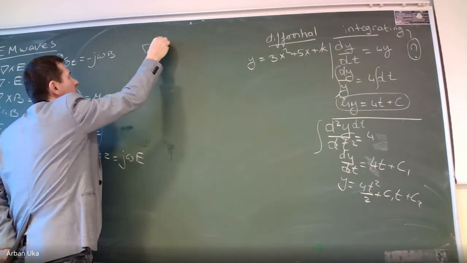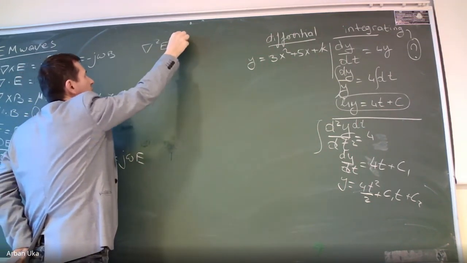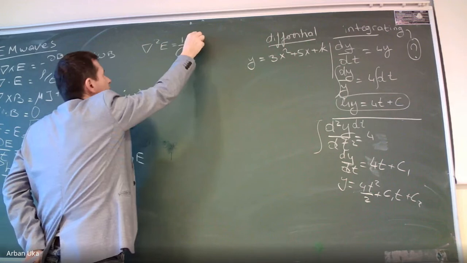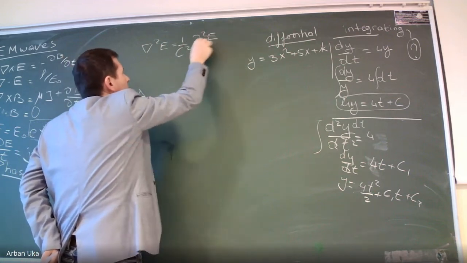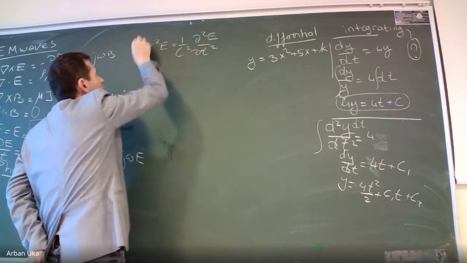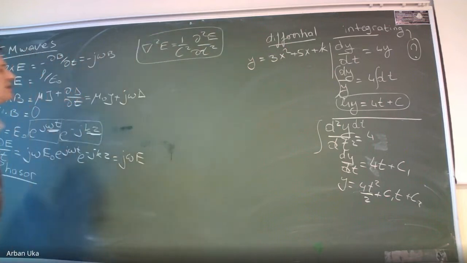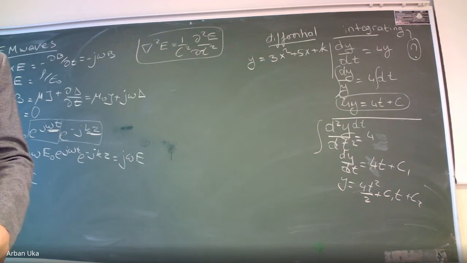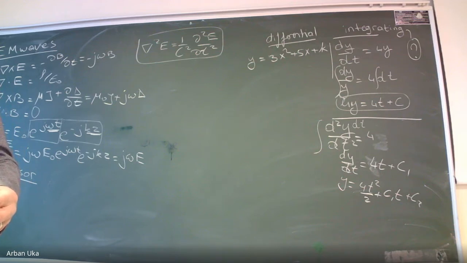The second space derivative of the electromagnetic field is equal to 1 over c squared times d squared E over dt squared. So these were the waves. And then the relevant parameters regarding the waves we are working with were the k, the beta, or the phase constant that we have seen at least yesterday.